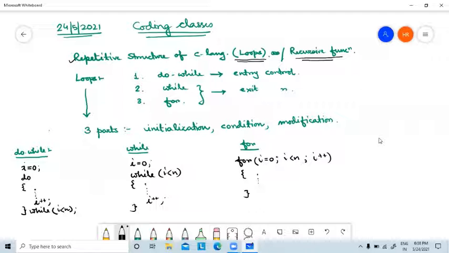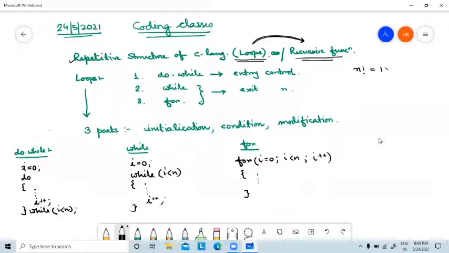But remember, loops and recursive functions are almost the same. They work similarly, but the repetitive structure should have some recursive definition. Otherwise, it is not possible to convert it into a recursive function. Suppose I am talking about factorial. Factorial n has two types of definition.